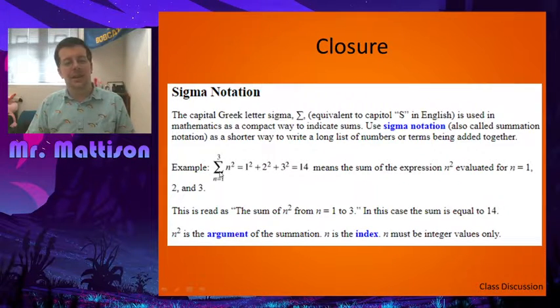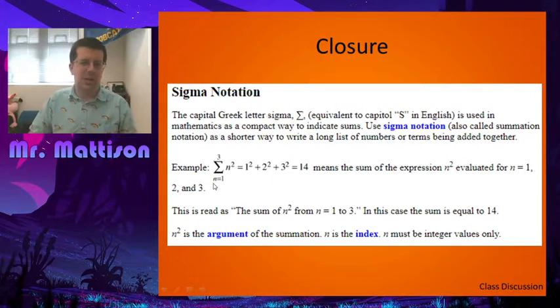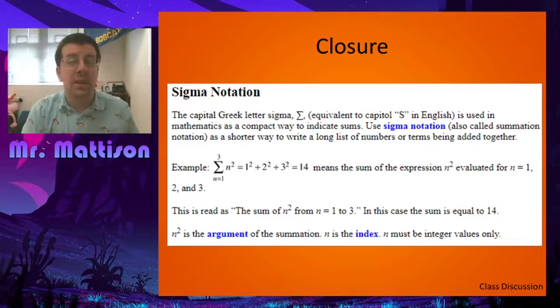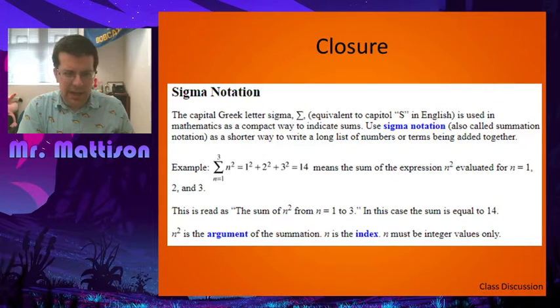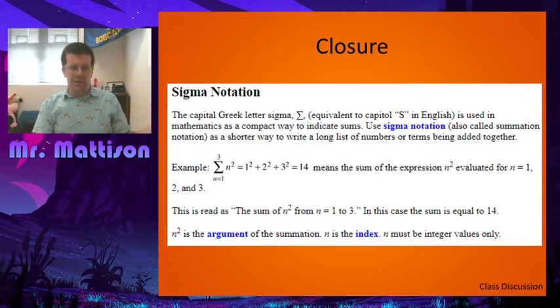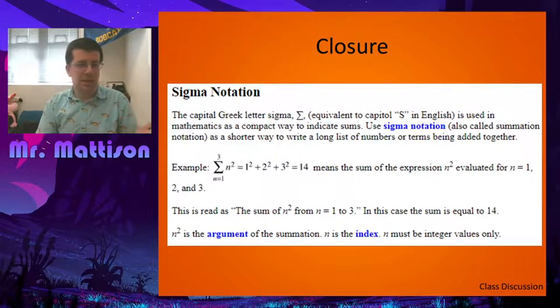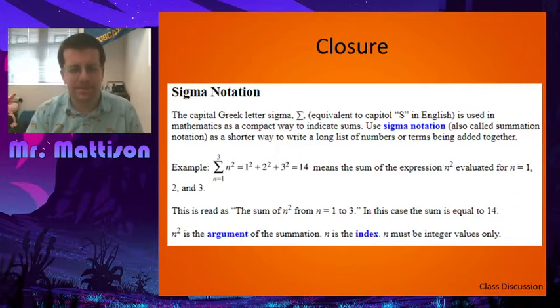This is the argument, and the index is the points where you start and you stop. Typically n or k are used as the variables here. On your calculator, I'm going to use x because it's way easier on the TI-84s, but you can use any value you want.